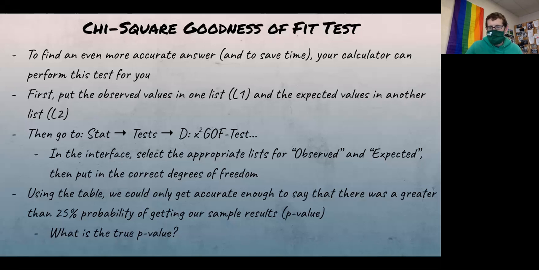What is the true p-value if you've had the chance to do your goodness of fit? And if you haven't yet, then just look right here. You can find it by going stat, tests, goodness of fit test, which is option D. And then you just need to select your two lists and put in 8 degrees of freedom.